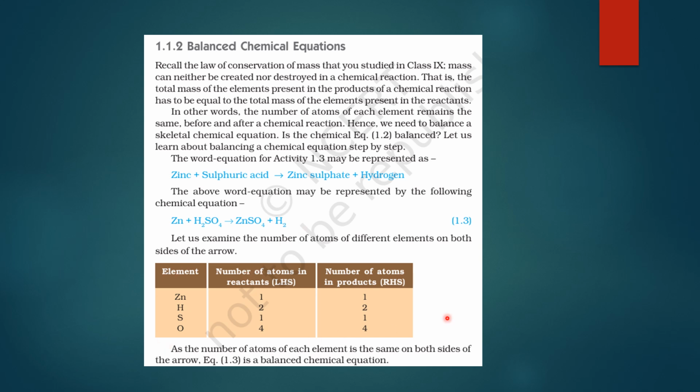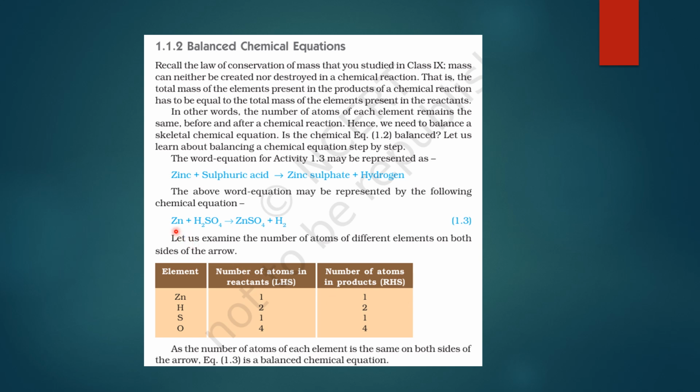So we create a table, we identify the various elements which are present. So we can understand zinc is there, so we fill the element as Zn, H is there, hydrogen, S, sulfur, O, oxygen. All these elements we fill out. And then we fill the second column with the number of atoms of the reactants as LHS and then number of atoms in products as RHS.